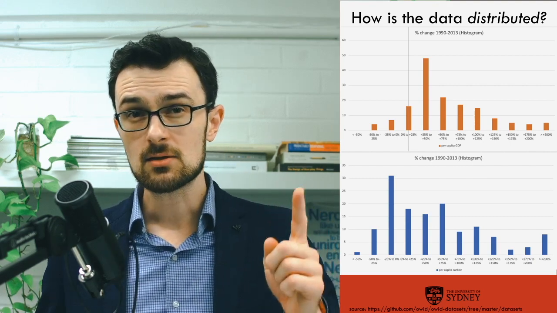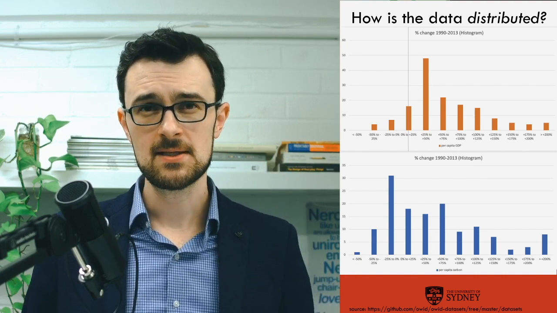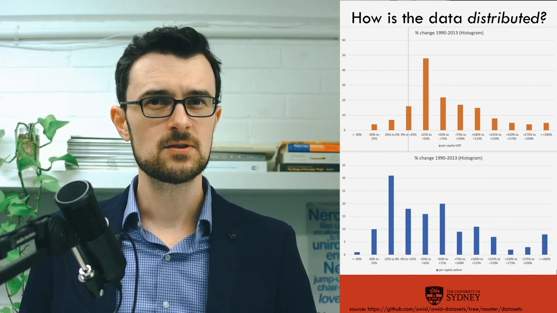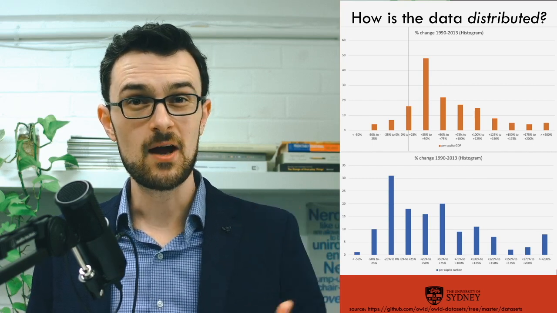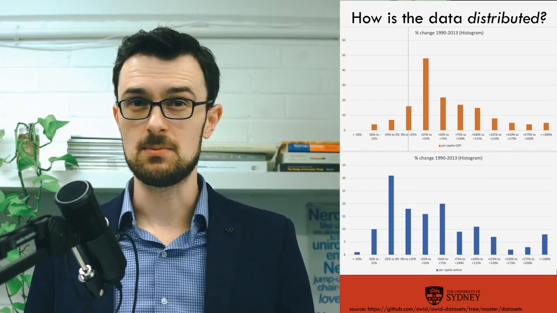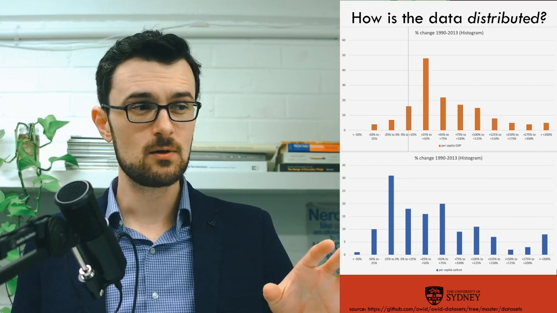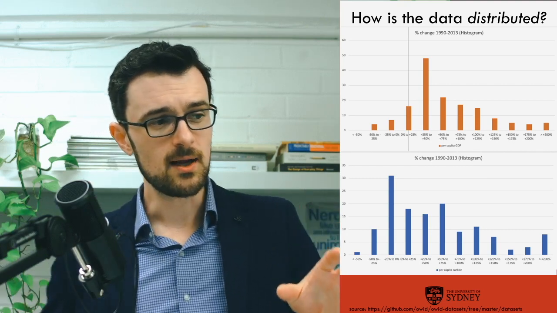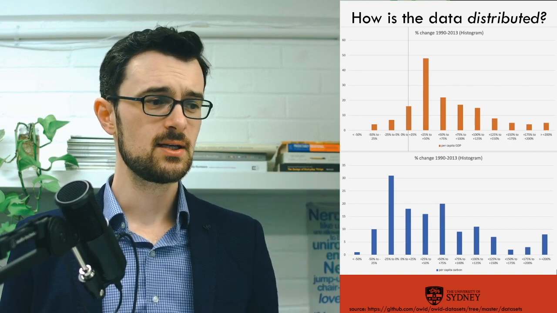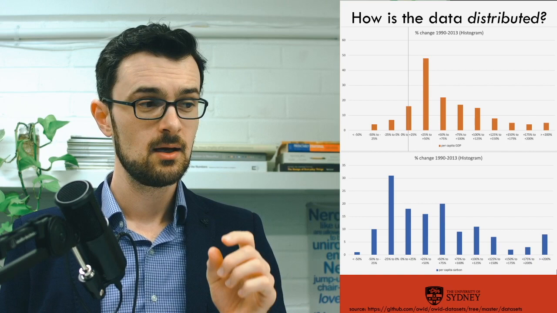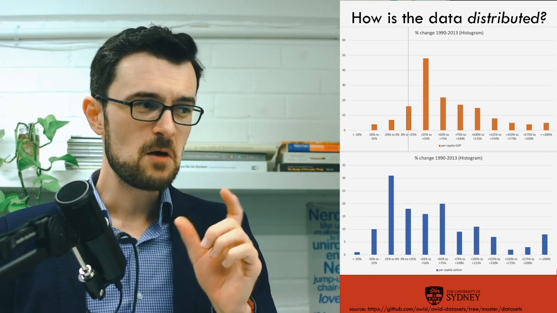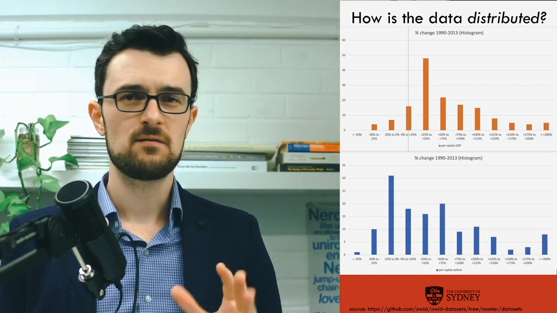If you can do a histogram and one of those 5-number summaries and look at your variables like this, you really have a pretty good idea, not just how to describe your data, but how it's distributed. So we can take a look at this second question now, and we can say, all right, the vast majority of countries in terms of GDP have around about 25 to 50% growth.